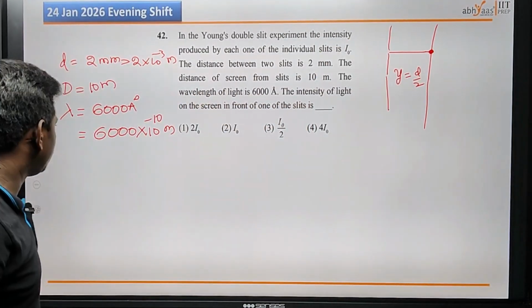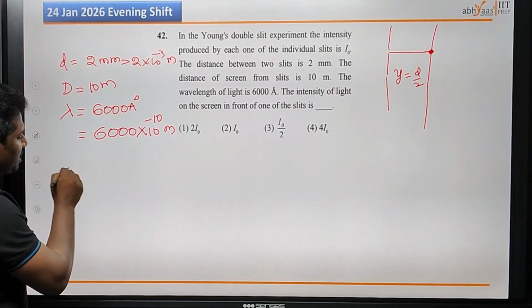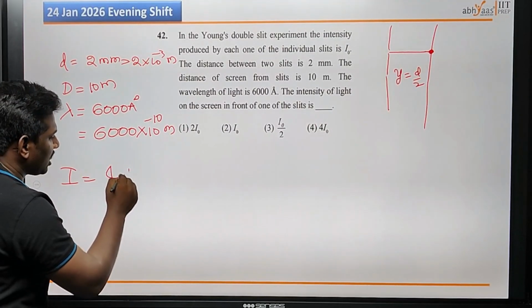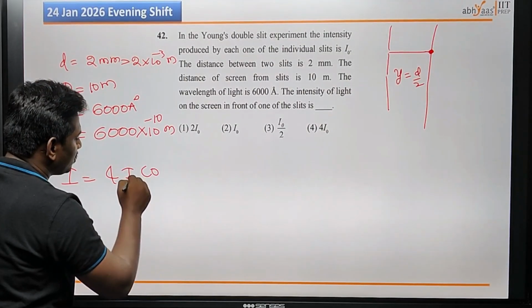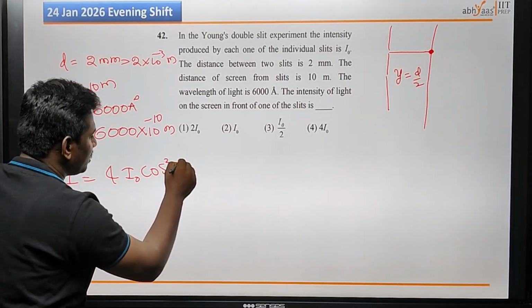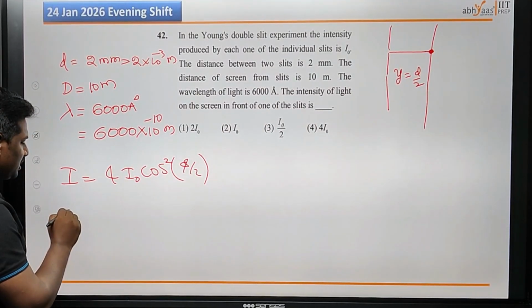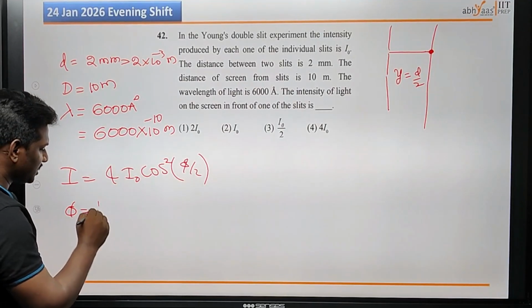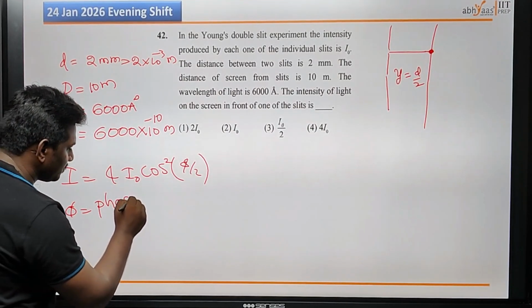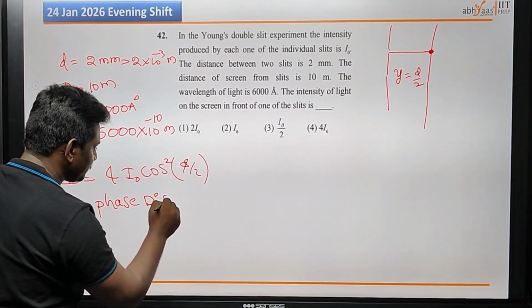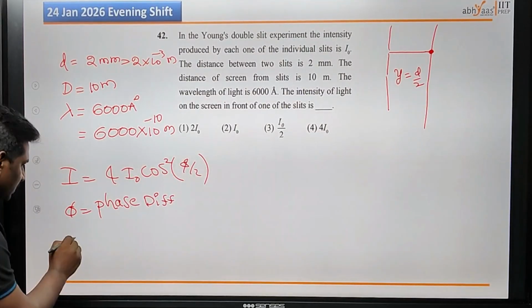You have to find the intensity formula. Intensity equal to 4 I naught cos square phi by 2. What is phi? Phi is nothing but phase difference. How to find phase difference?